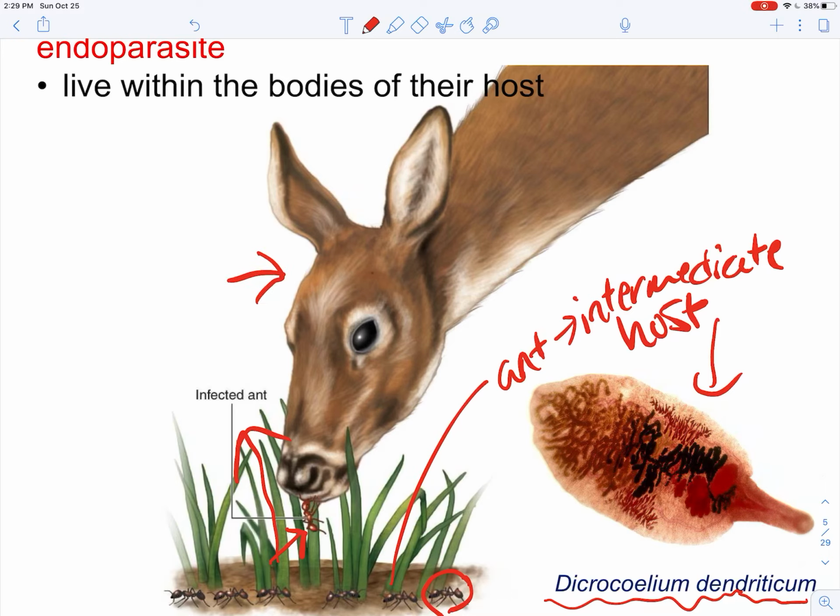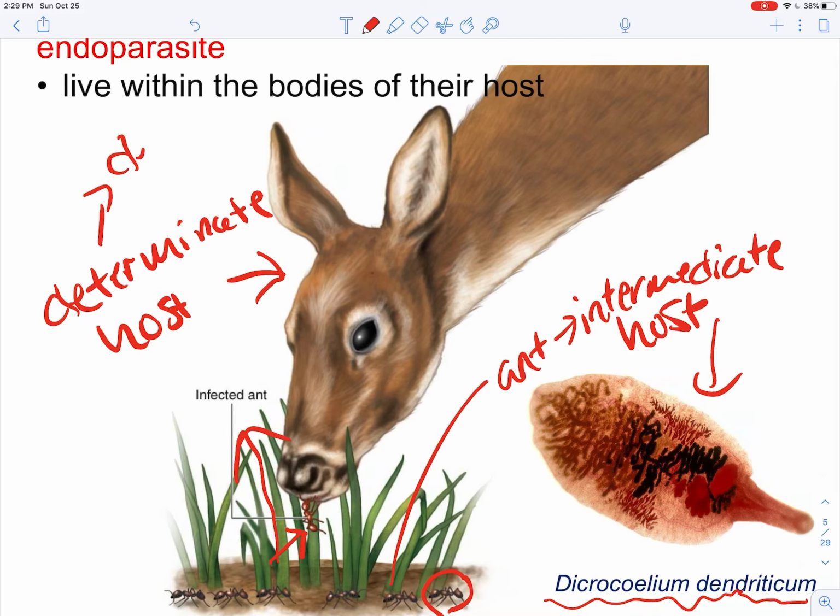So as this deer picks up this infected ant, the mammal is our determinate host or definitive host, as it's sometimes called. And this is where it enters the adult stage.